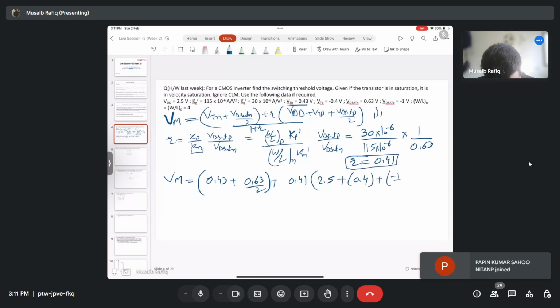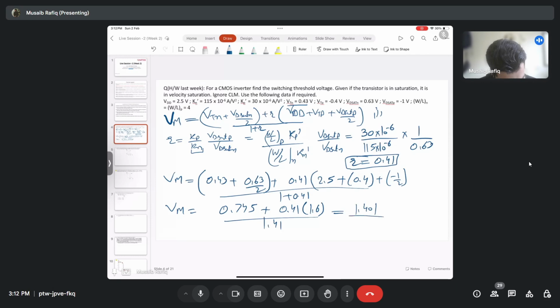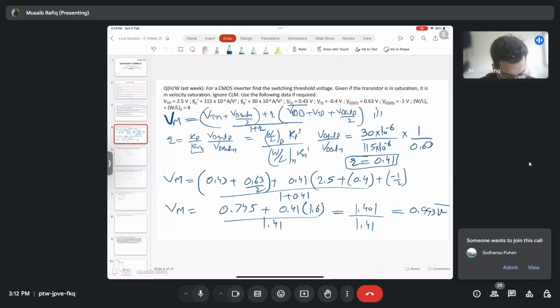Minus 1 by 2 divided by 1 plus 0.41. So if you do the maths, it comes out to be 0.745 plus 0.41 multiplied by 1.6 divided by 1.41, and it comes out to be 1.401 divided by 1.41, which is equal to 0.993 volts. So Vm is equal to 0.993 volts.